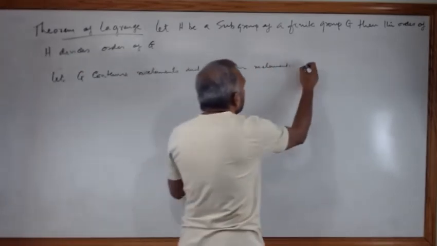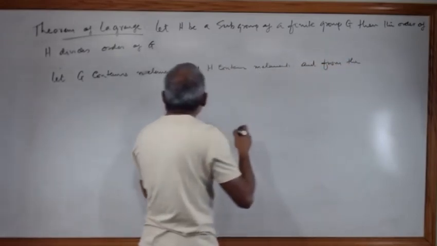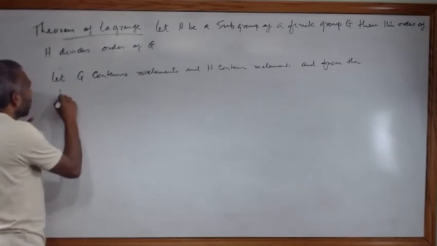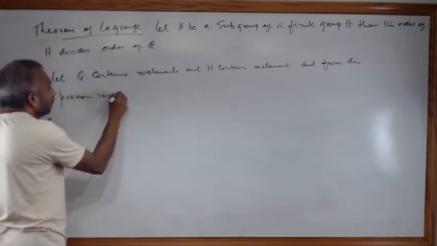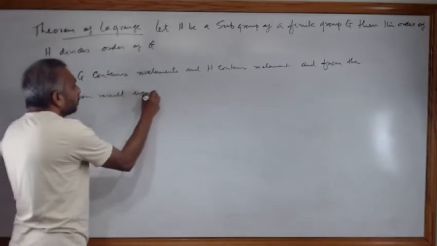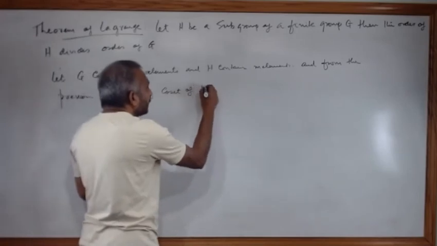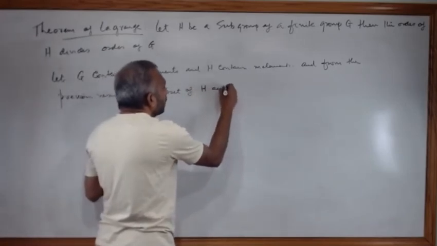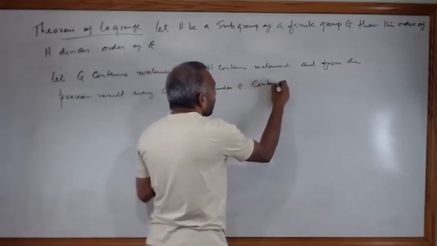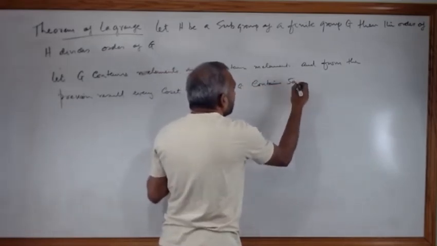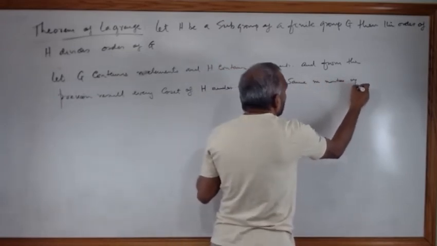From the previous result, every coset of H under G contains the same m number of elements.